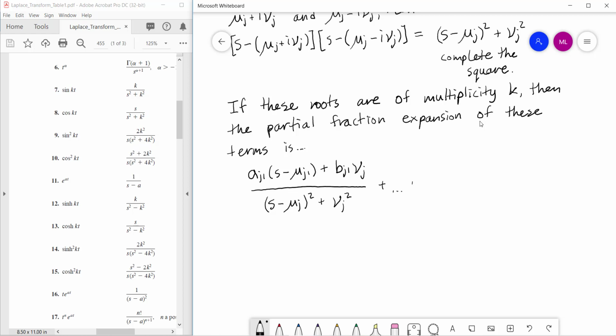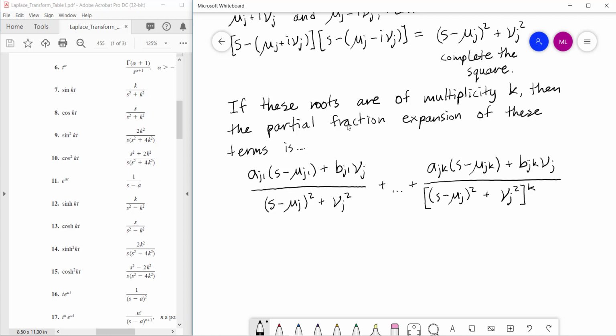Plus, all the way up to the kth term, A jk times s minus mu j, plus B jk times eta j, over s minus mu j squared plus eta j squared. All the way up to whatever the kth power is.